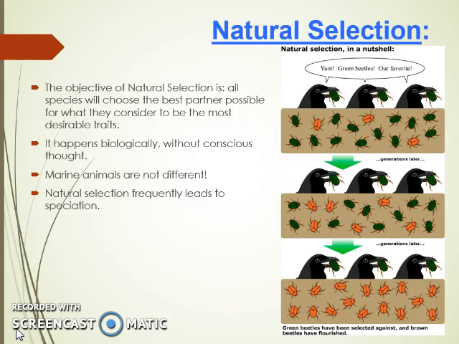Continuing on, the main purpose of natural selection is that all species will choose the best partner to mate with for what they consider to be desirable traits. This is subconscious.